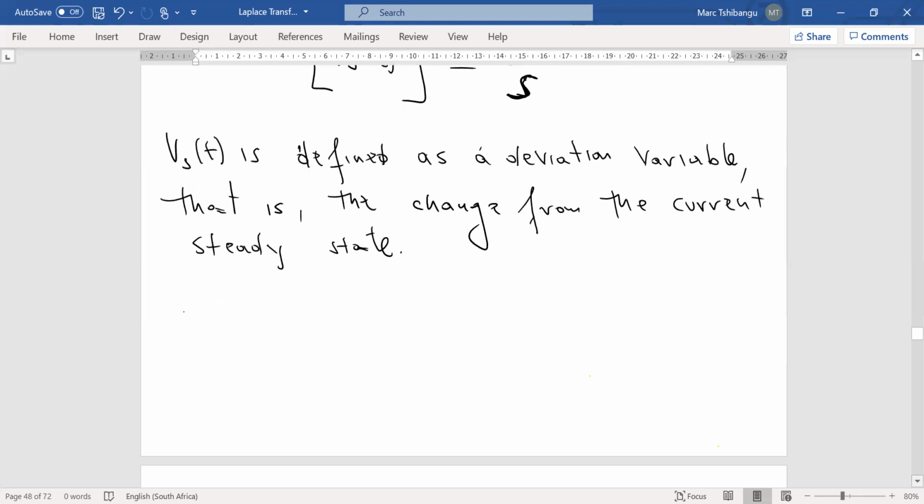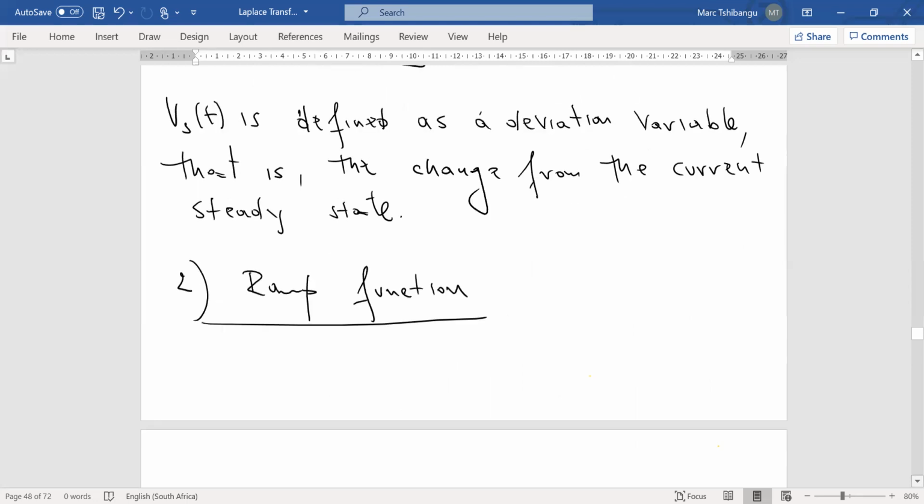So let's look at the other forcing function, the ramp function. As I mentioned earlier, industrial processes often are subjected to inputs that drift. That means they gradually change upwards or downwards for some period of time with roughly a constant slope. An example is when you have a steam valve that you open gradually.